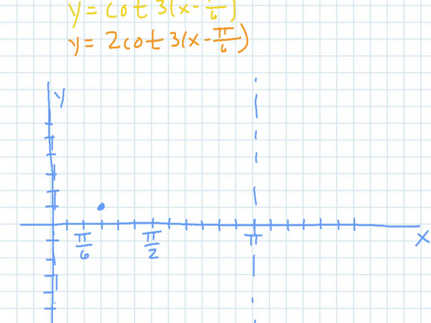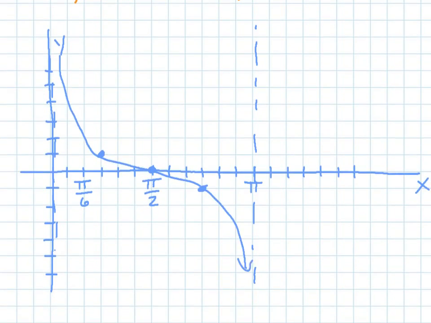At pi over 2, it's 0. At 3 pi over 4, it's negative 1. Okay. So one period of cotangent would look like that.